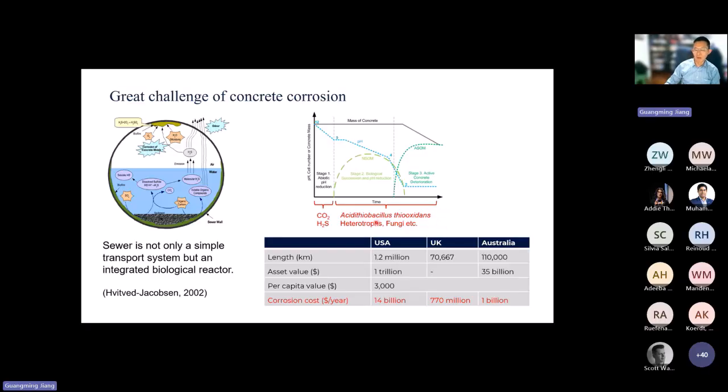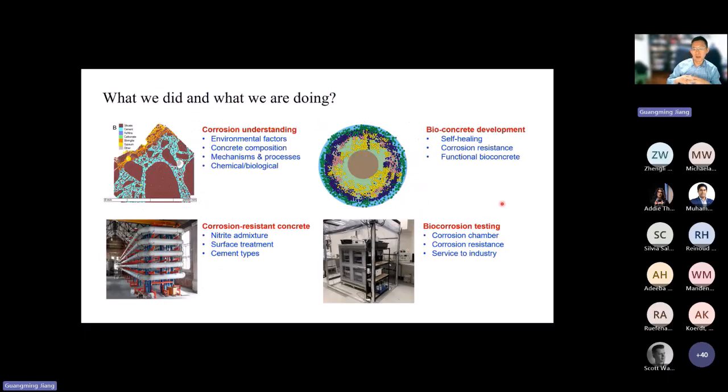But we also believe there are heterotrophs and fungi, which don't work by themselves but interact with those sulfide oxidizing bacteria. Overall, this can cause very severe problems, including economic impacts. So it's a very good topic to work on.